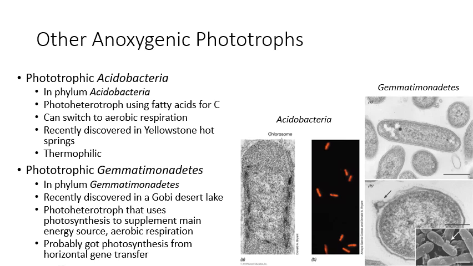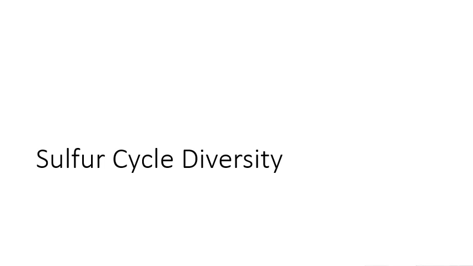Its main source of energy is aerobic respiration, and then it's just supplementing that with anoxygenic photosynthesis. So since it's using photosynthesis as a supplement to its main source of energy, we think that it got photosynthesis from horizontal gene transfer also. So that's phototrophy. Now we'll talk about the sulfur cycle, which basically means sulfur oxidizers and sulfur reducers.